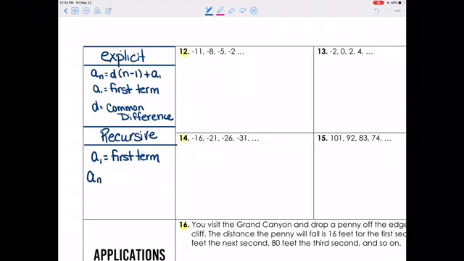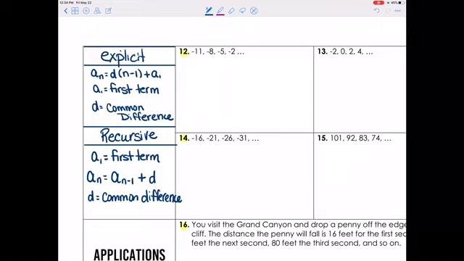And then to find a sub n, we have to go back to the previous term. So really what we're doing with an arithmetic sequence is you're taking that previous term and to it you're adding your common difference. So D is still that common difference.